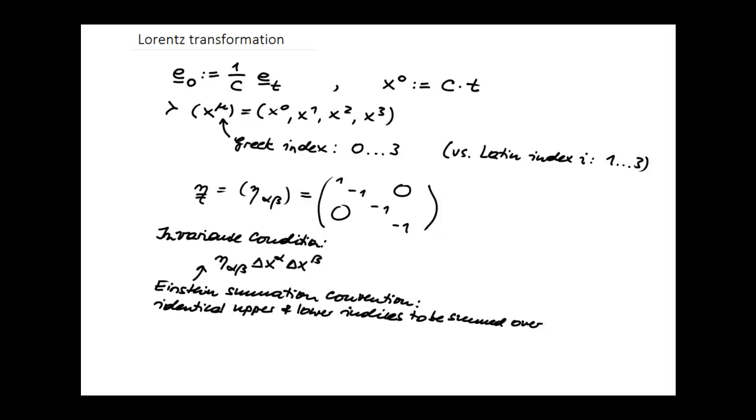And then the next non-zero entries of eta are all minus 1. So for example, we have eta 1,1, that's minus 1, and then we have delta x1, and the same for the indices 2 and 3. So in total we have minus the spatial distance squared. So on the left-hand side, it's exactly the left-hand side in our invariance condition on the previous page. And this must be equal to the same eta alpha beta delta x prime alpha delta x prime beta.